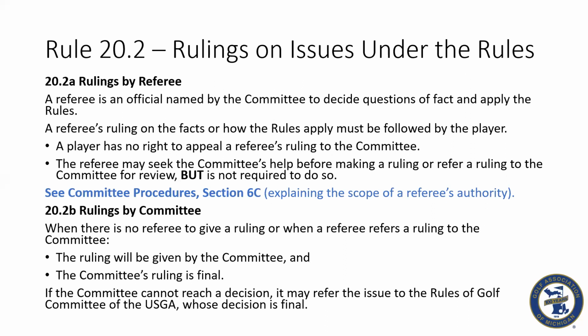So at the end of the day, if you as a referee say, no, I'm not going to get outside help or a second opinion, the player has to accept what you say. But you can agree to the player's request to have a second opinion. I realize that the rules official can, but the player can't. Is there no way to limit that? Maybe. Well, we can do that.